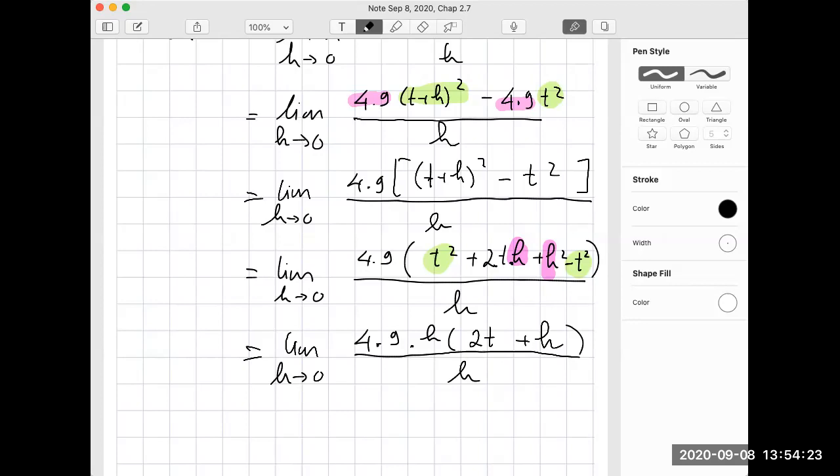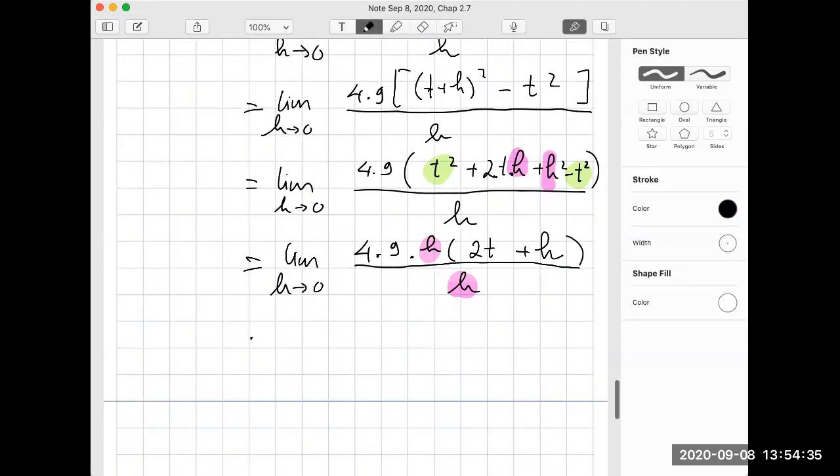They have h in the denominator and h in the numerator, so they cancel each other, right? Then it becomes 2t plus h.